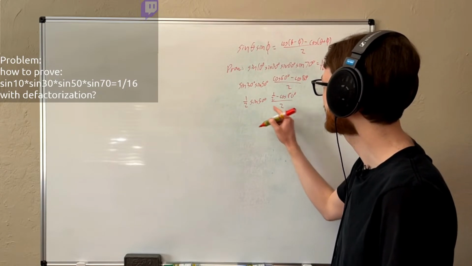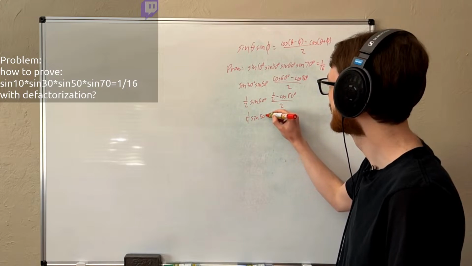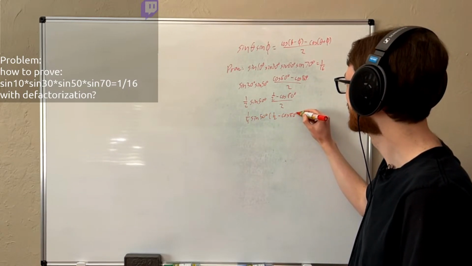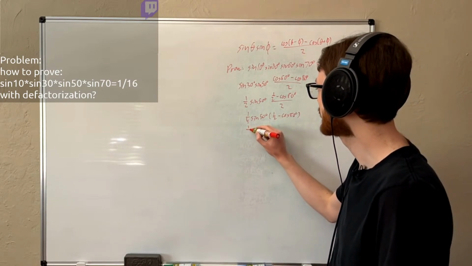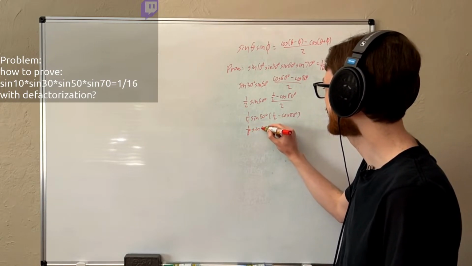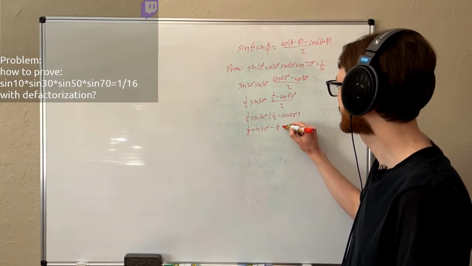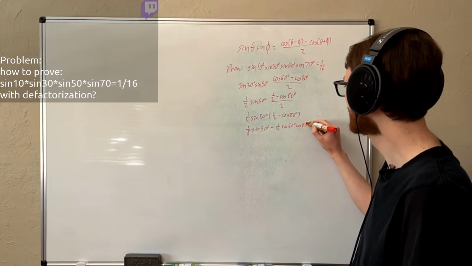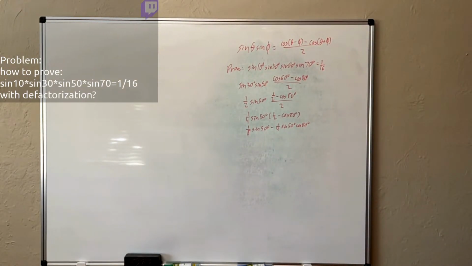I'm going to bring that over 2 out front there. So we're going to get 1/8 sine 50 minus 1/4 sine 50 cosine 80. Is 50 plus 180 is 130? There's no way that's unit circle, right?